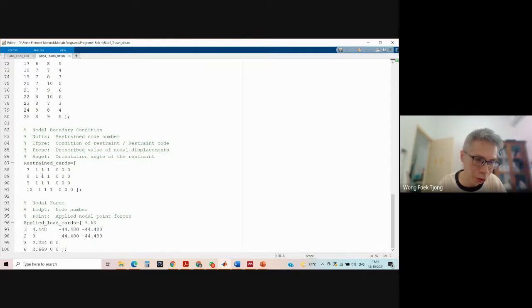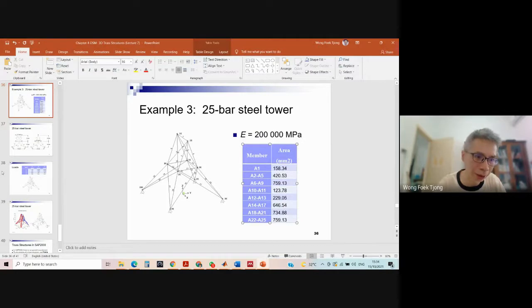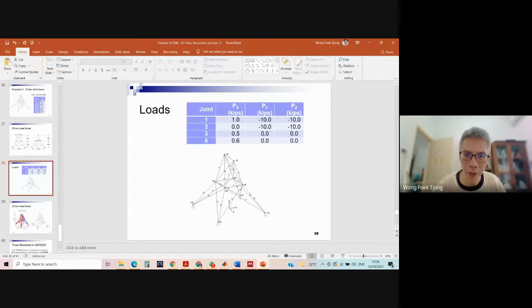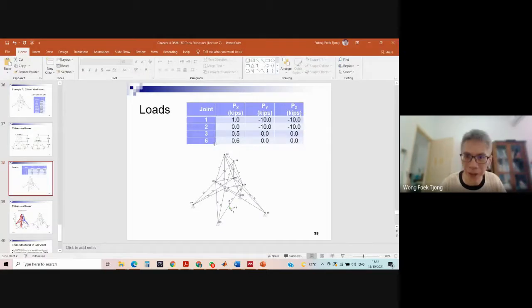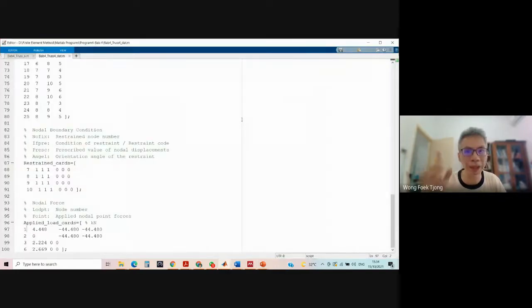And then the force, we give the input to nodes 1, 2, 3, 6 as given in this data. 1, 2, 3, 6. Oh, maybe I don't know why it's different. Maybe this is in kips, right? Kips. This is in kilonewton. 1 kip is 4.48 kilonewton.